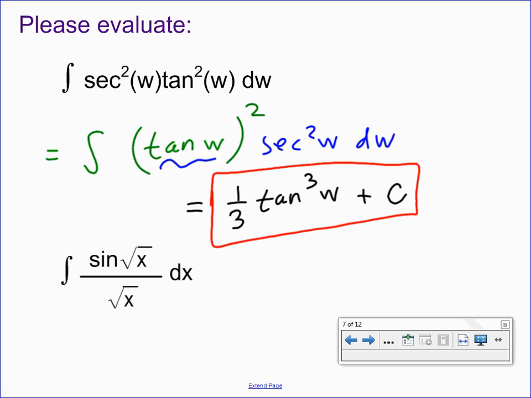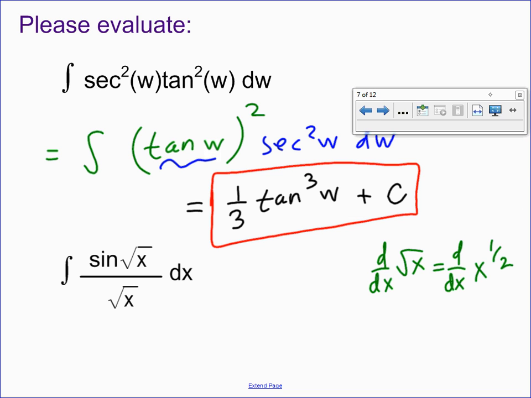But it wasn't just theta, it was the square root of x. So if I'm thinking about the root x as being my angle, I know the derivative of the square root of x is the same as the derivative of x to the 1/2. I'm just thinking aloud, so this isn't necessarily the problem.